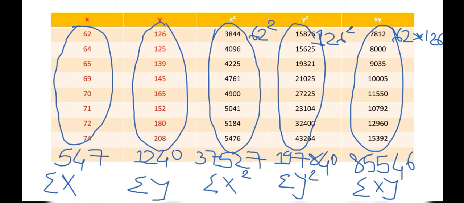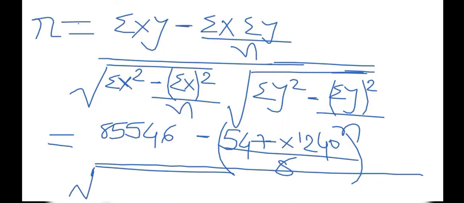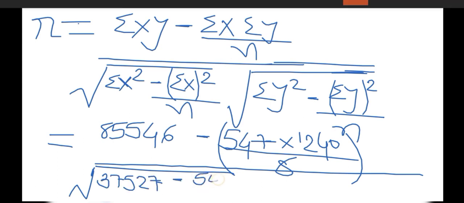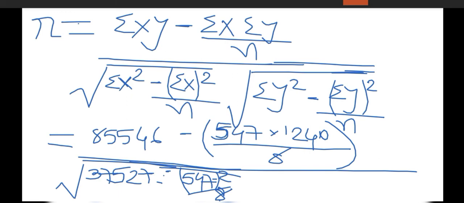So sigma x square is 37527 minus sigma x whole square, which will be 547 whole square divided by 8. I'll just erase this and write this again.